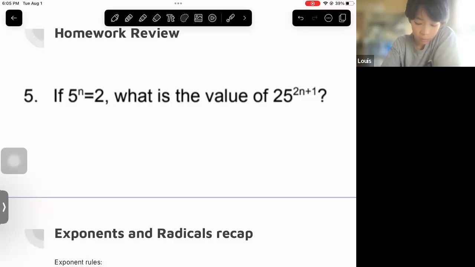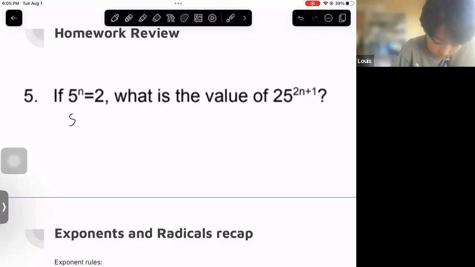For this one, we're given that 5 to the n equals 2, and we're asked to find the value of 25 to the 2n plus 1. So how do we do this? We just do this.